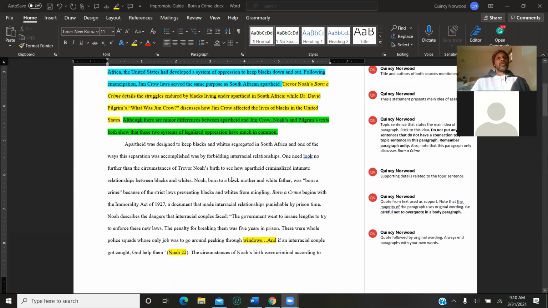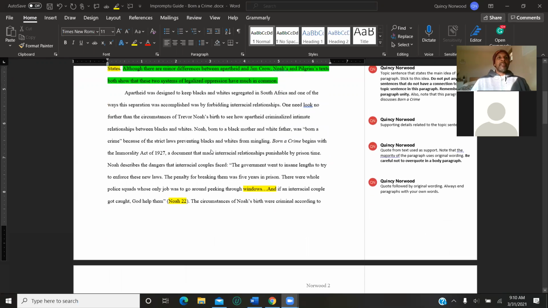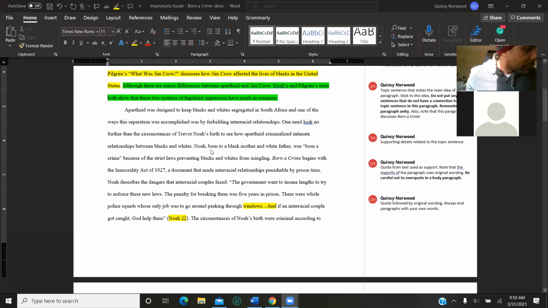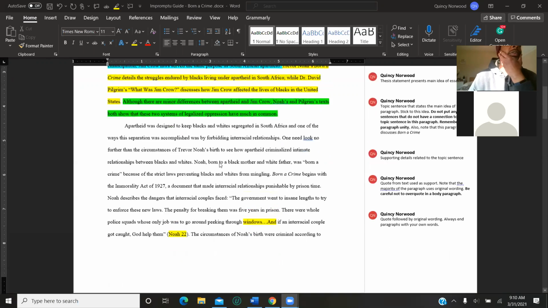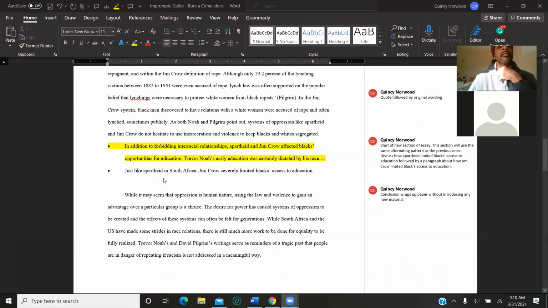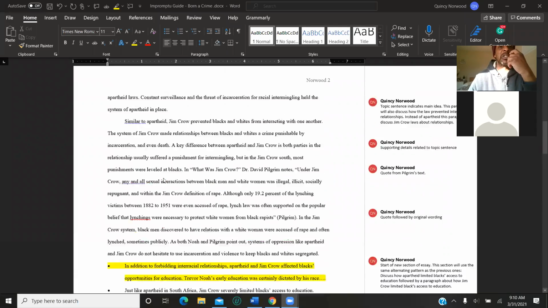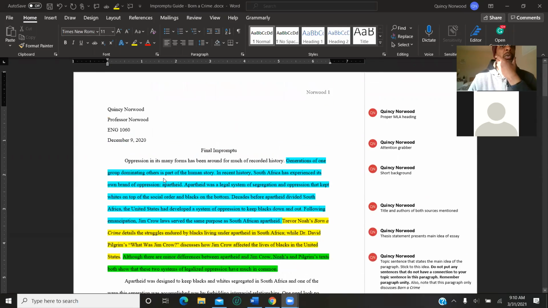So I want to save some of this for after you've done your own. But the first thing I want to show you in this document, okay, and this is just a few paragraphs, has an intro, a couple body paragraphs, and a conclusion. But the main thing I want to show you is this introduction.